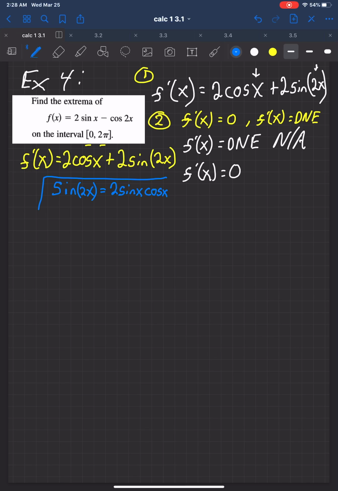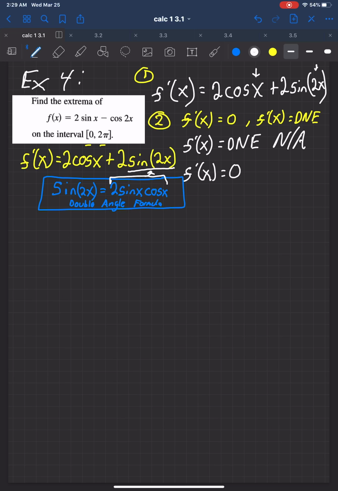This is just your double angle formula. And what I'm going to do is transform sine of 2x into 2 sine of x cosine of x, as a substitution.